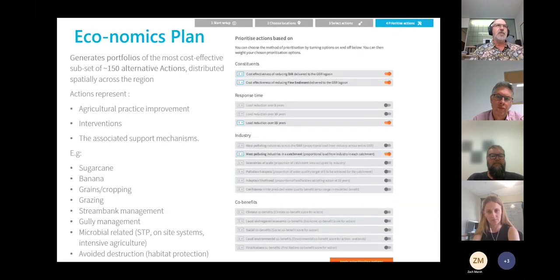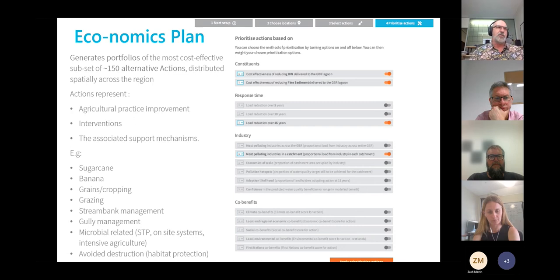So with economics plan, principally what it does is generate a portfolio of the most cost-effective set of 150 different actions. An action could represent an agricultural practice improvement or an intervention, and the associated support mechanisms that go along with that action, like extension work and the like.